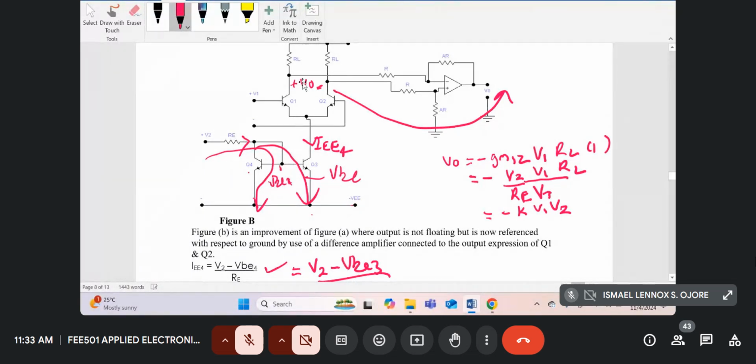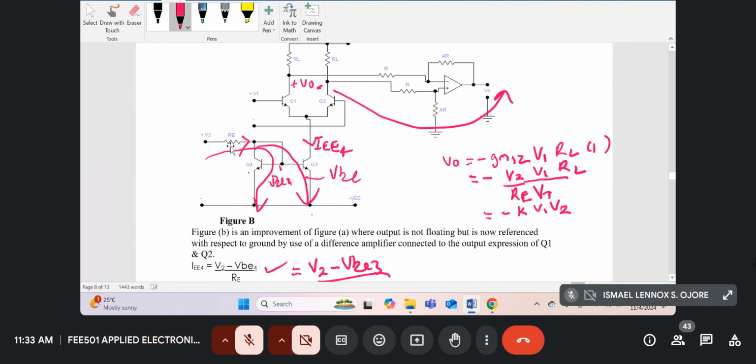So this circuit over the earlier circuit, the only advantage is that the output now is with respect to the ground. The output and V1 are with respect to the ground. The other signal V2 is still with respect to minus VEE.